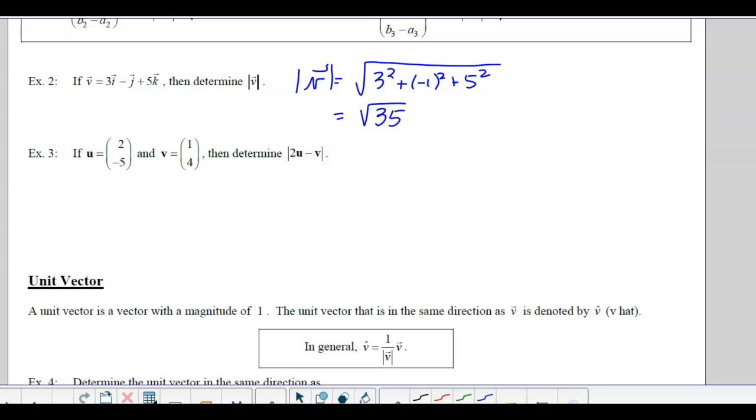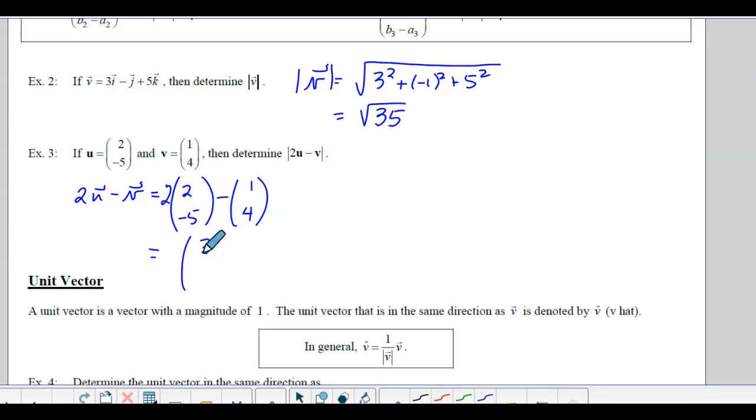Given vectors u and v, find the magnitude of 2u minus v. So I'm going to find what 2u minus v is first. I'm not going to put all of that underneath the radical, right? So 2 times this, that's going to be 4 minus 1 is 3.